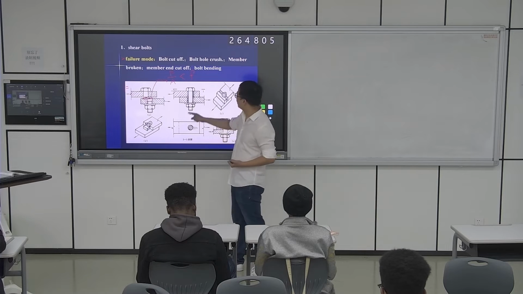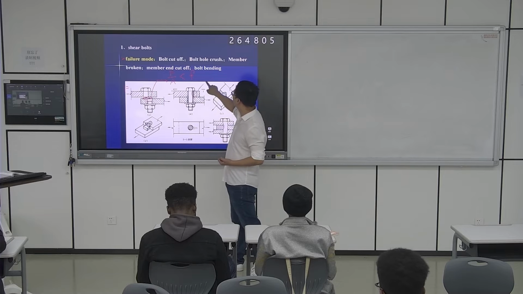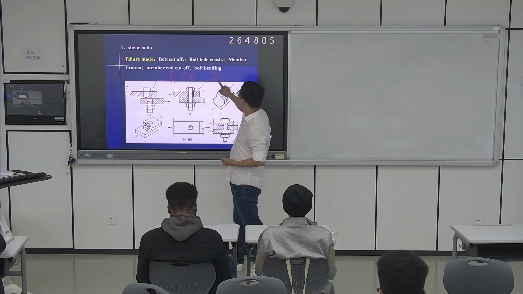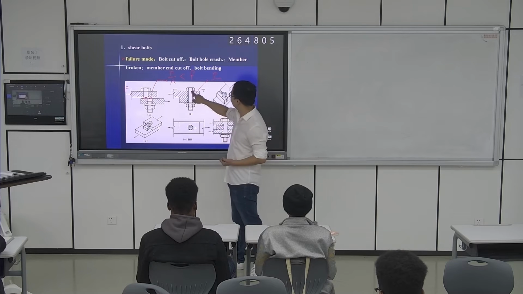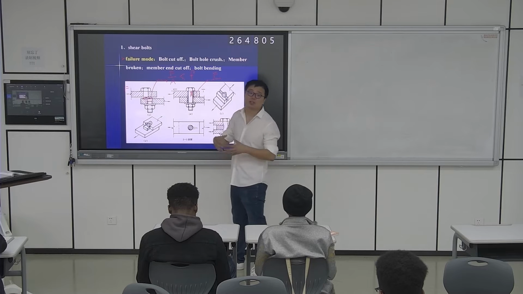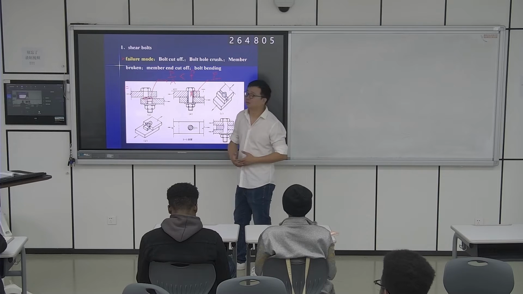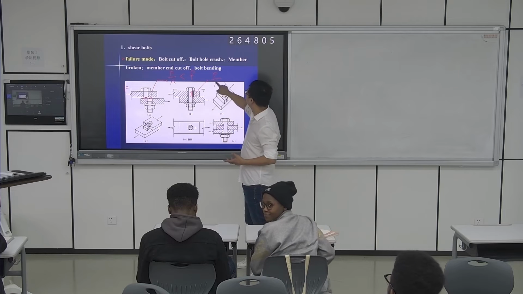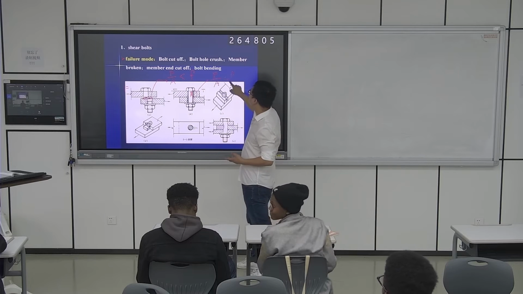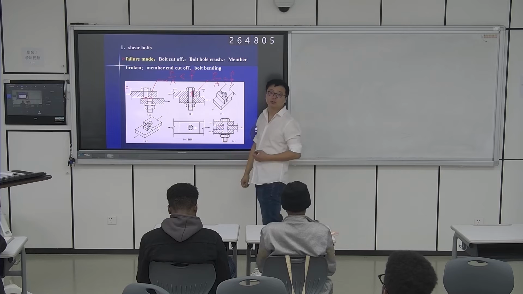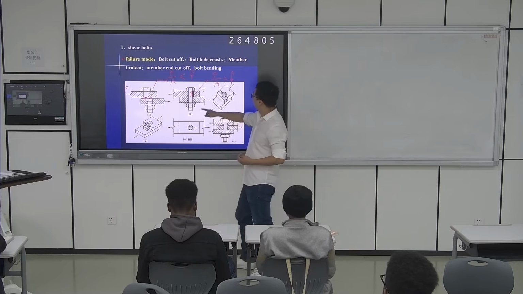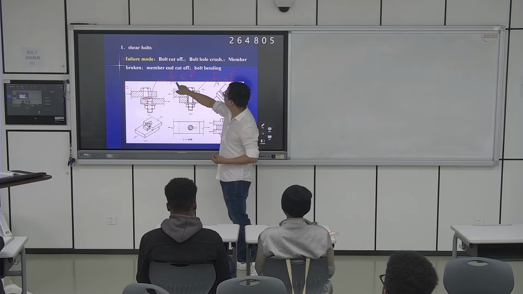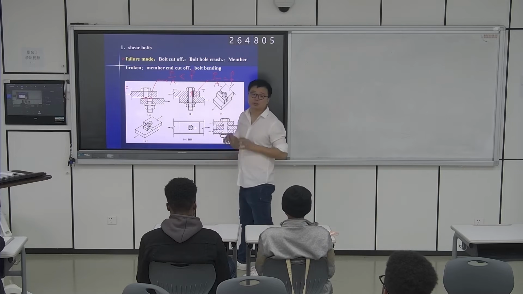And for this case, how do we analyze it? This is also the force over the area of this side, right? We discussed in the last class: the stress should be smaller than the strength. This A1 and A2 are different.